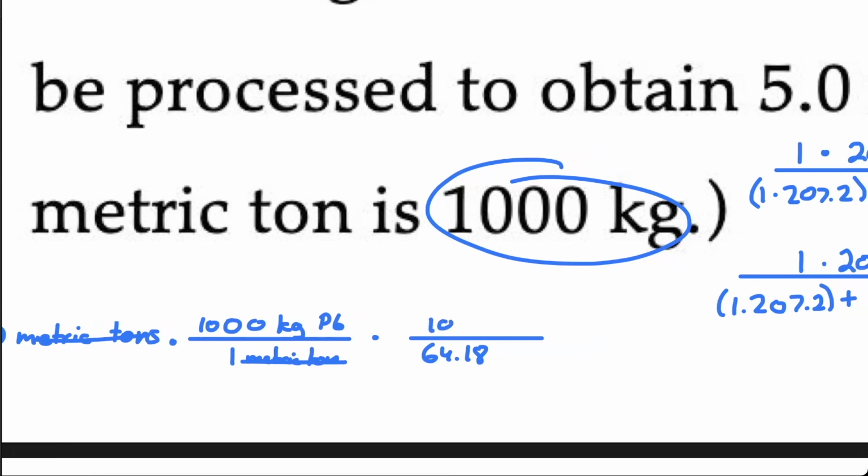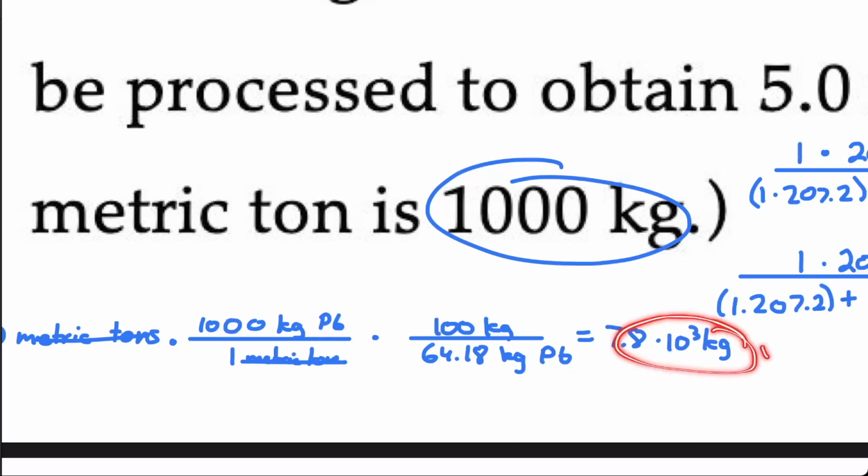It's technically 100 grams over 64.18 grams, but since this is a percentage, this could also be 100 kilograms, and 64.18 kilograms per 100 kilograms. This is just a percentage. This could literally be anything. So we're gonna make them both kilograms. At the bottom, this is the lead, and at the top, this is the total. So cancel, cancel, and what we end up with is 7.8 times 10 to the 3 kilograms. And that is our final answer.